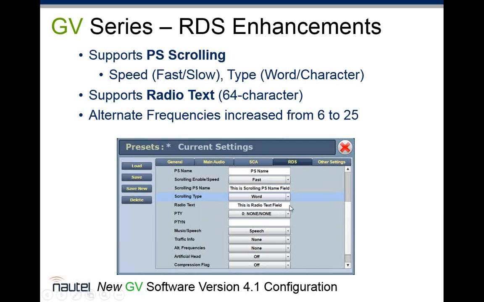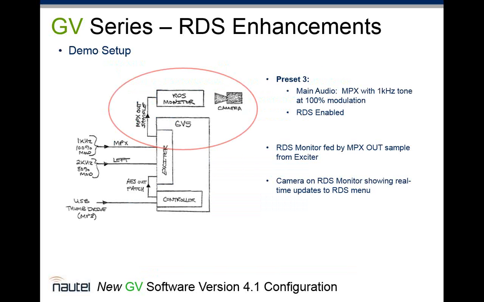The speed and so on is defined by the protocol. But we'll get to take a look at what that looks like. One honorable mention here is that we've increased our alternate frequency table from 6 to 25. Not so big a deal in the States, but in Europe and other places, this is real. So those complicated networks can be put in place.